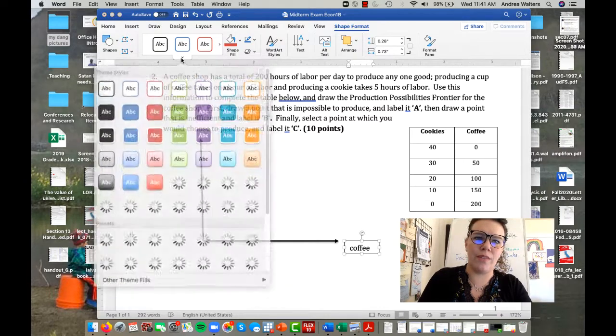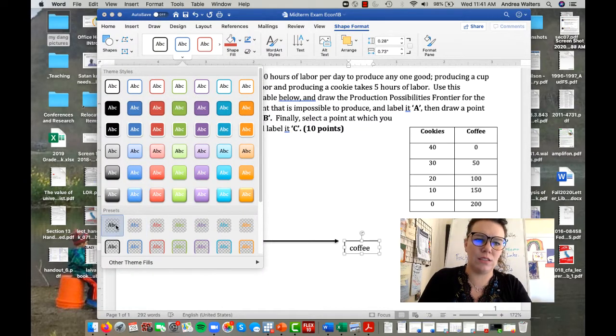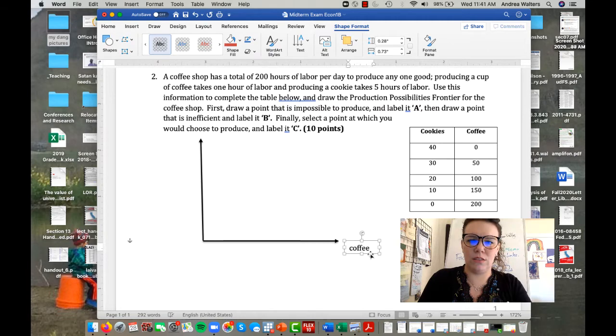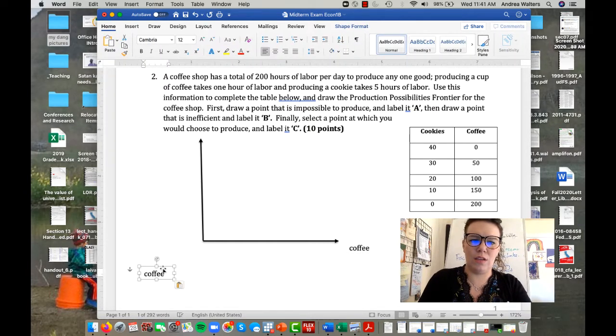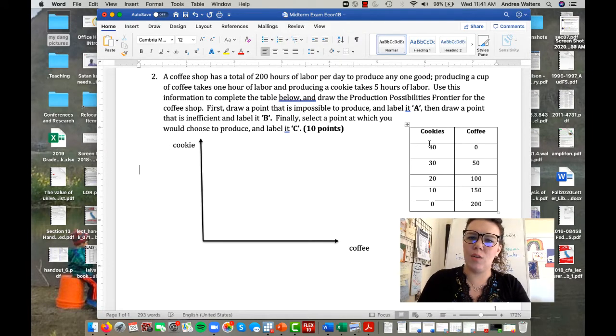And format it the way I like it. And then I'll put cookies up here. And then I know I'm going to want from 0 to 40 cookies and from 0 to 200 cups of coffee.